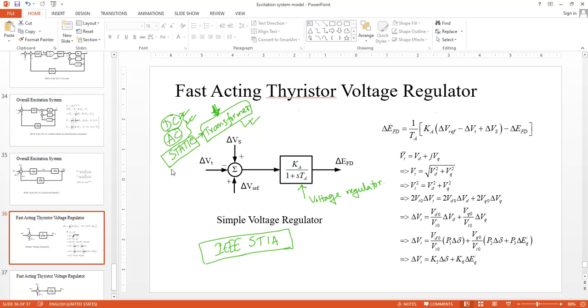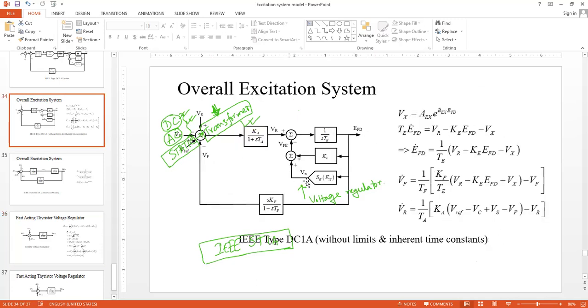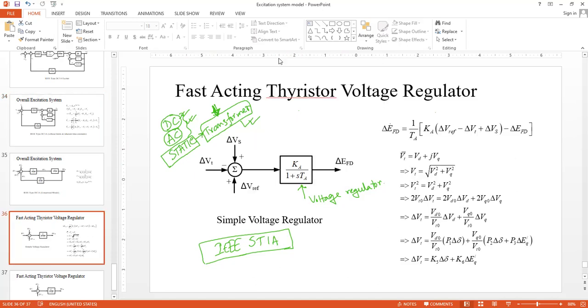So we don't have to deal with all these things over here. And because of the presence of the thyristor type rectification, it is pretty fast. So accordingly, we can live with only this voltage regulator block, and there is no exciter block over here. So simply a voltage regulator block is enough to represent this IEEE ST1A, static exciter type model 1A.